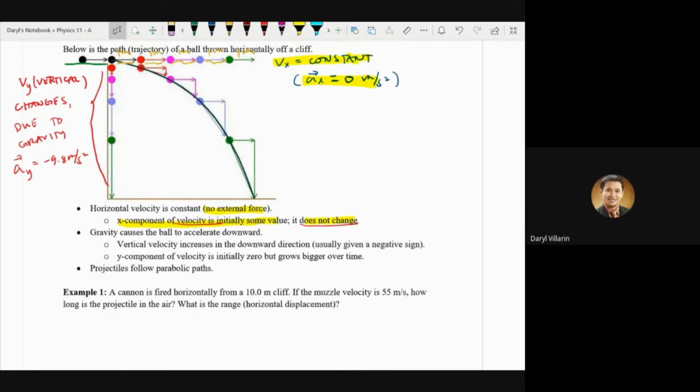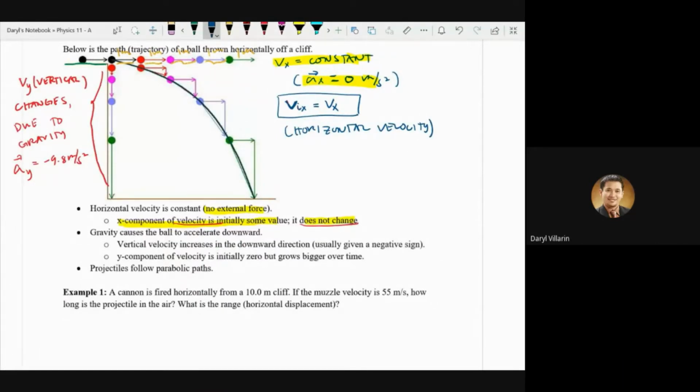So you can also say that Vix is just equivalent to Vx. All throughout the motion, at any time t, the velocity along x doesn't change. Again, this is horizontal. In this discussion, I'll be interchangeably using Vx, the x component, or the horizontal component. It means the same thing.